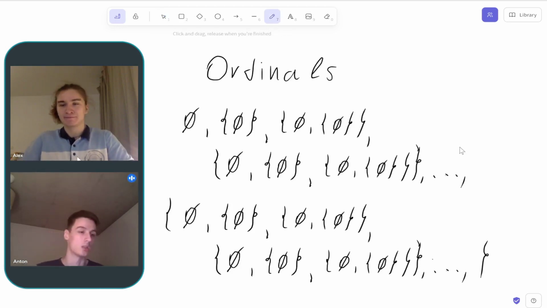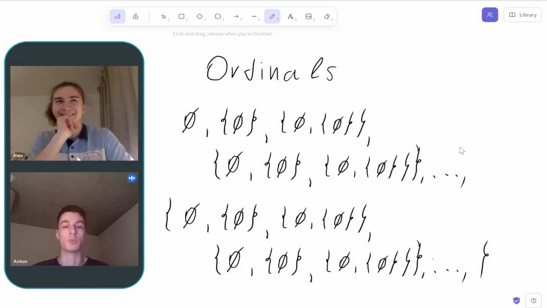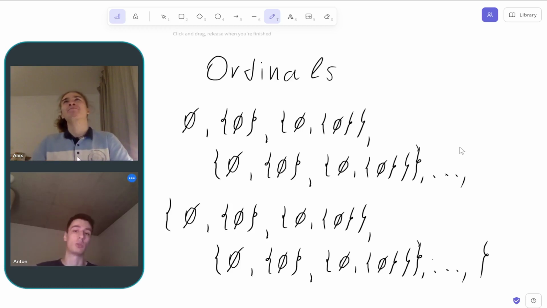And I want to underline that we are doing nothing new here. How do you construct an ordinal? You take all the previous ones and put them in a set. That is what you just did, Alex. But those previous ones consist of all the finite ordinals written here and the first infinite ordinal. And so on.